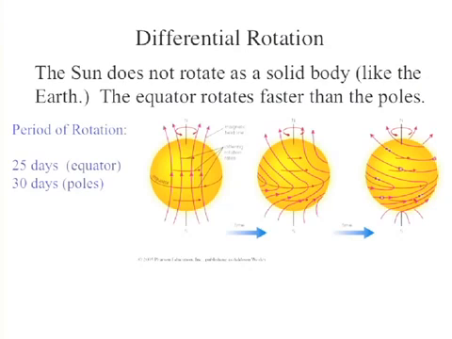The sun rotates around in 25 days at the equator. But to rotate around at the pole takes 30 days. Wow, that's really weird. Can you imagine that on the Earth? The Earth's equator rotates fast, and the sun's poles don't rotate that fast? Whew. Why does it do that?